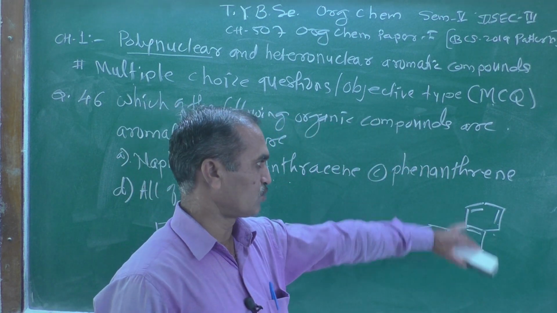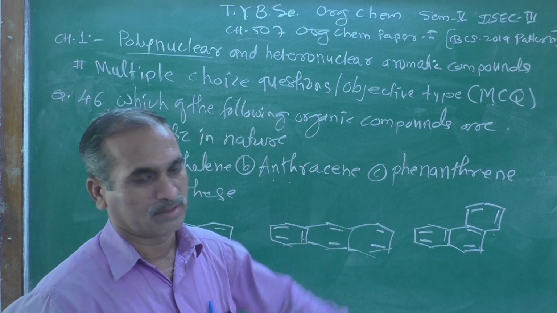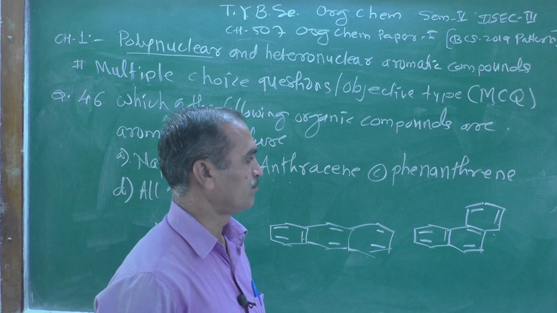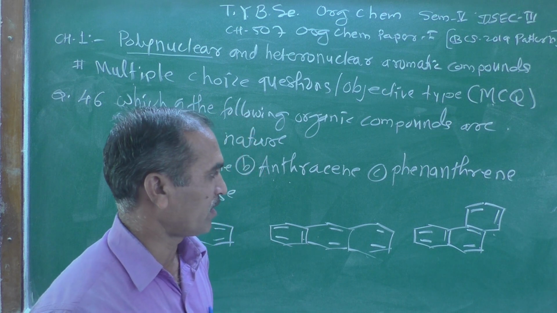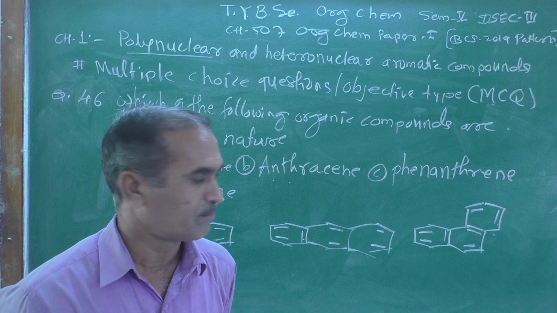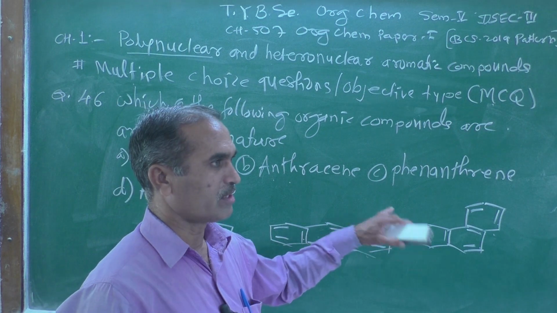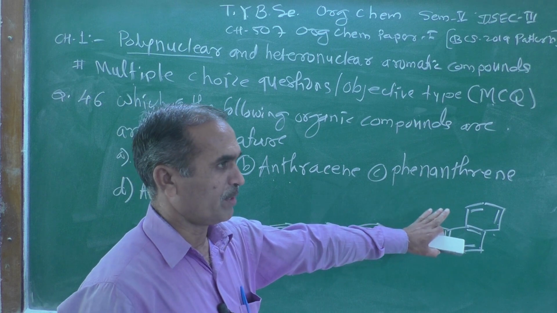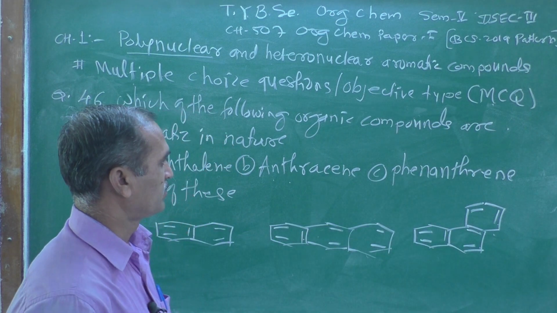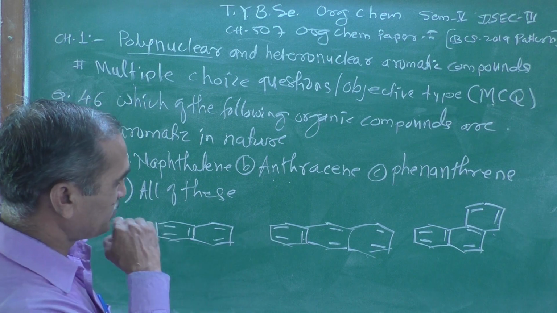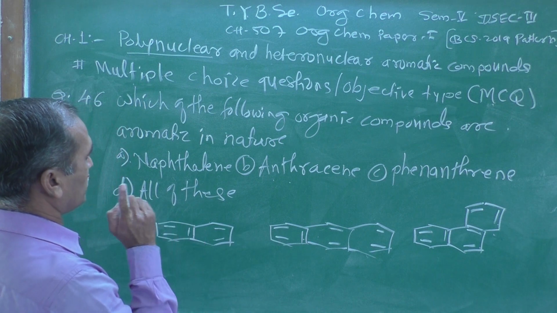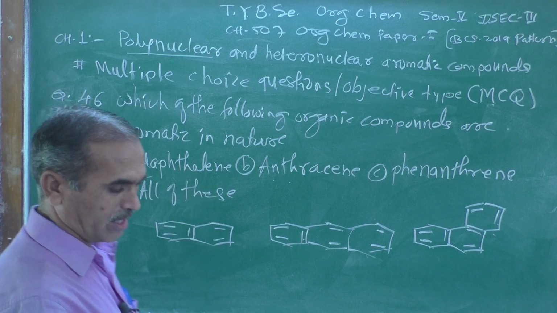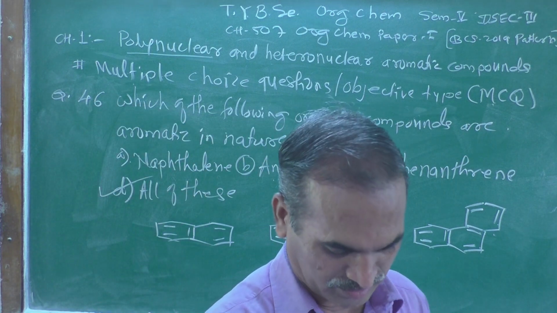Here in this case also, phenanthrene, even though it is an angularly fused compound, shows aromatic character because it fulfills all the necessary requirements of aromaticity, and therefore all these compounds are aromatic in nature. The correct option will be this one, all of these. This is the correct option for this question.